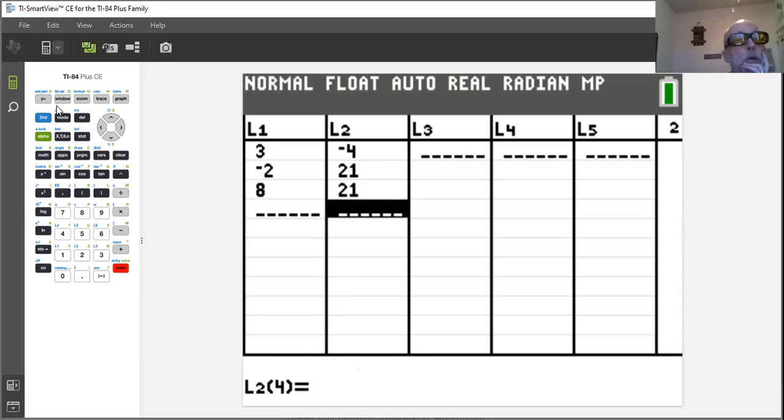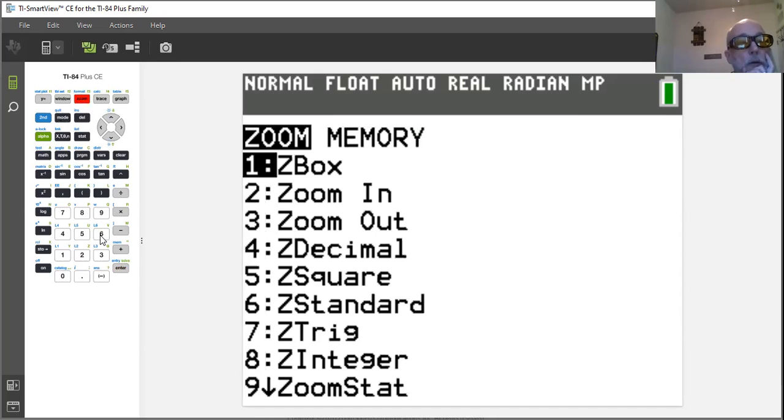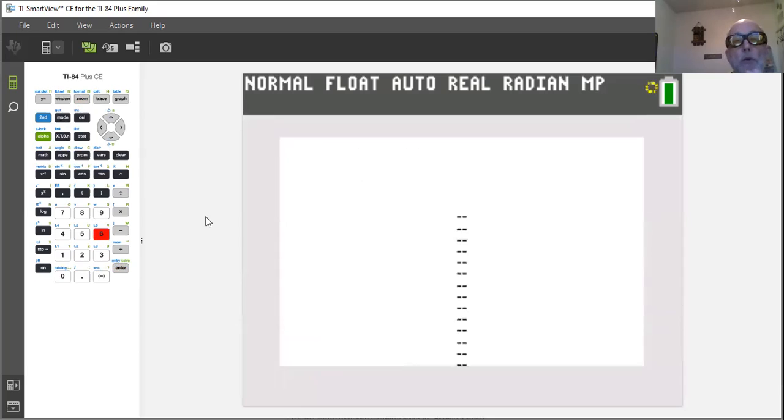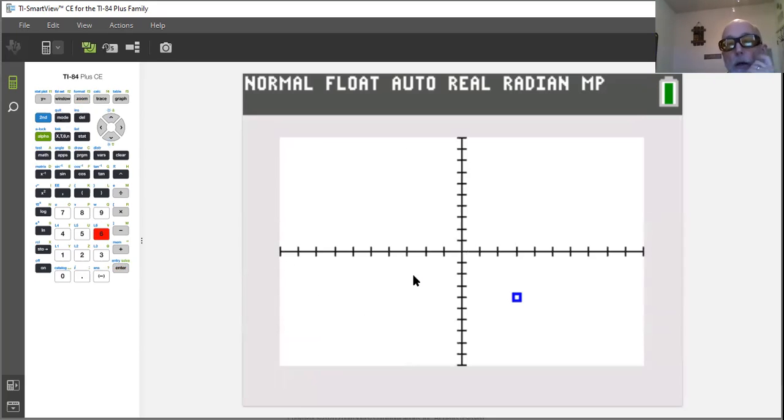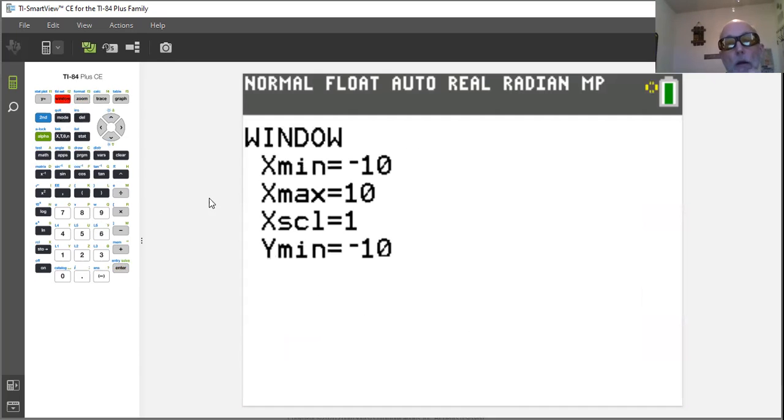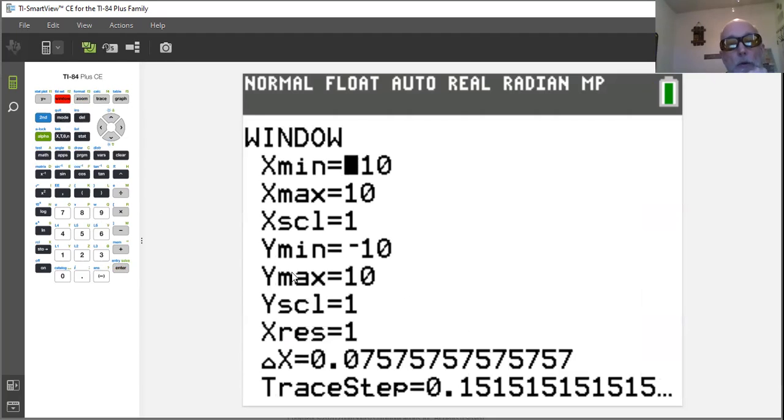That's what we did last time. All right, so we want to be able to see our dots. So I'm going to go to graph. Whoops, I can only see one dot. Now, why is that? Because if I go to my window, the Y max is only 10. And remember, my number was 21, right?